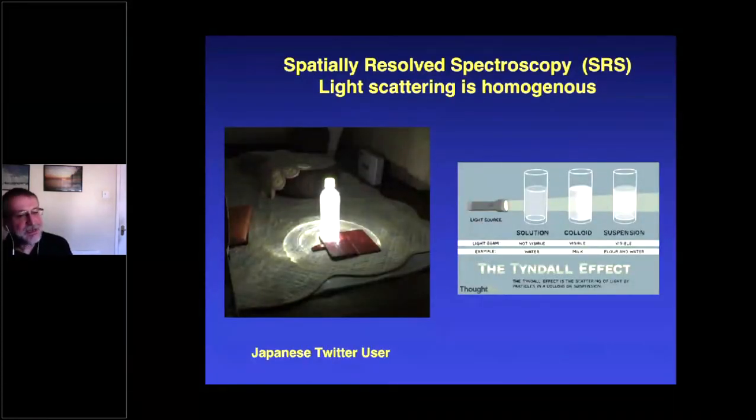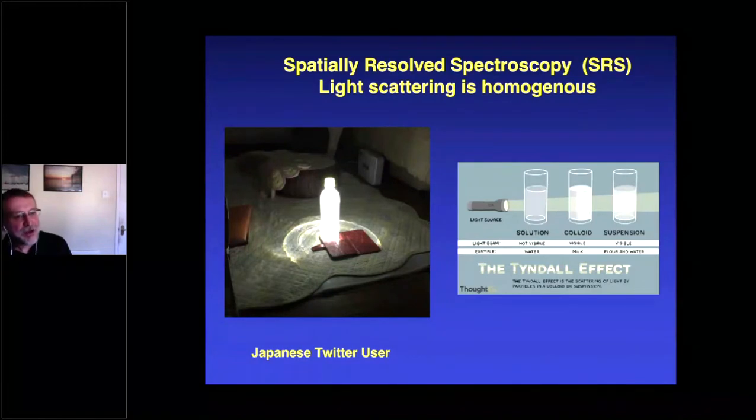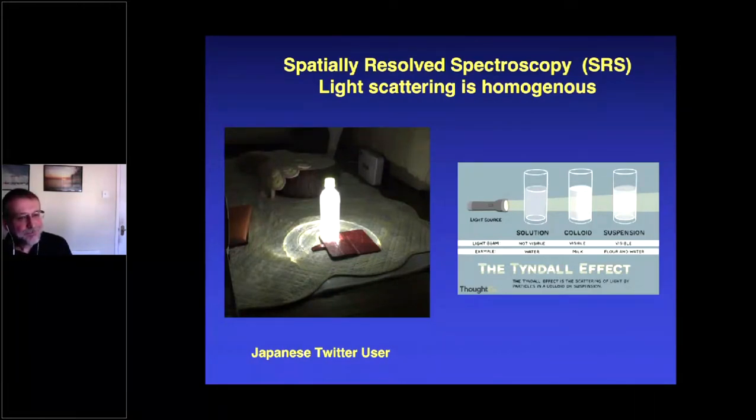So the Artemis device takes advantage of the fact that light, when it's scattered beyond a certain distance, is homogeneous. So the scattering is the same however far apart you are. It's a constant component. And you can see that best in the image on the left-hand side of this slide, where you see, this is just a flash from a smartphone, and that is a bottle of probably dilute milk, it's a scattering material.